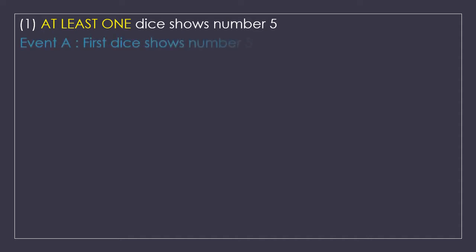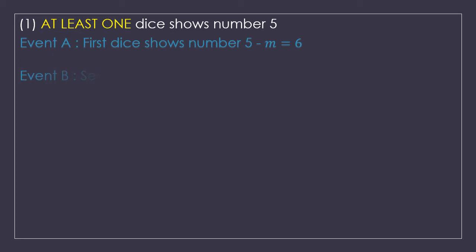I will start with the first, that at least one dice shows number 5. That means it's a union of events. I am naming event A: the first dice shows number 5. There will be 6 outcomes: 5 1, 5 2, 5 3, 5 4, 5 5 and 5 6.